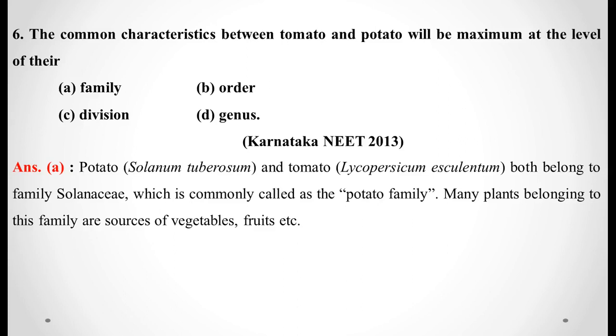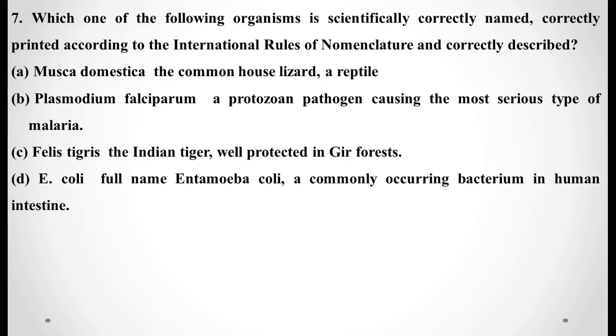Which one of the following organisms is scientifically correctly named, correctly printed according to the international rules of nomenclature, and correctly described? Here we are going to apply the international rules of nomenclature and find out which one is written, described, and printed correctly.